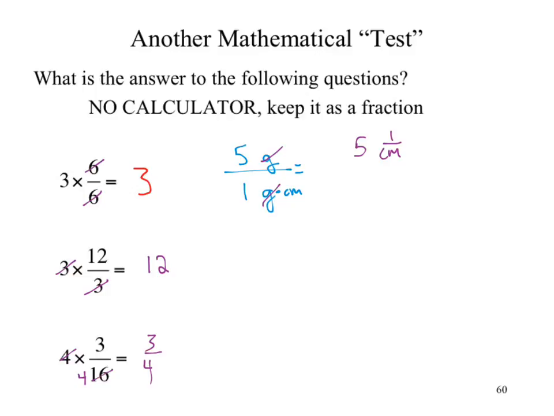We will be canceling units as we move through the semester. The units solve the answer for you. So follow your units, set up your conversions, and everything runs beautifully.